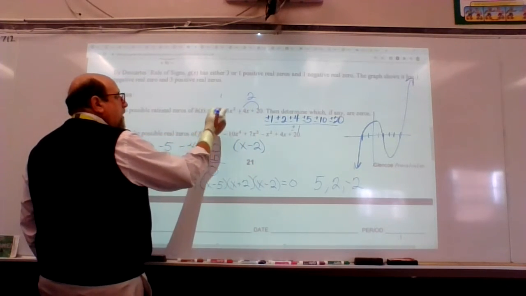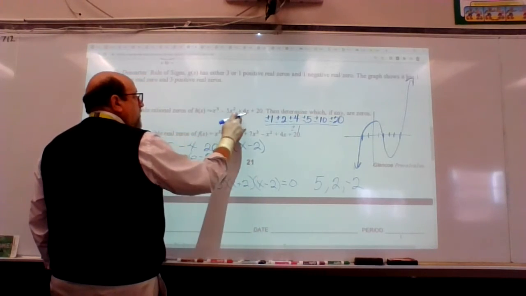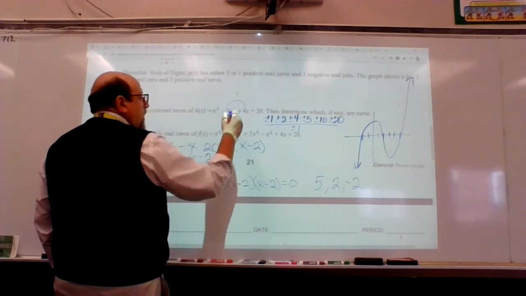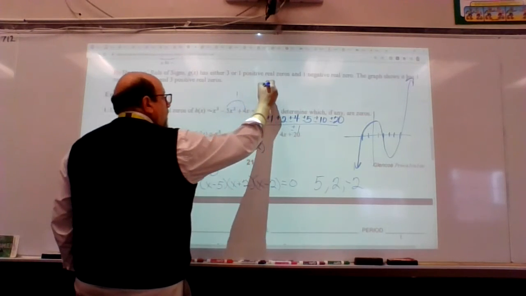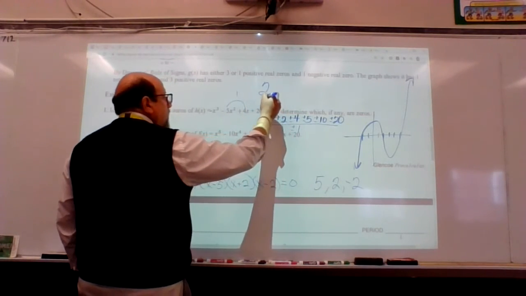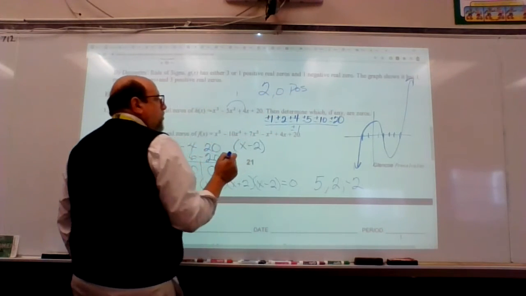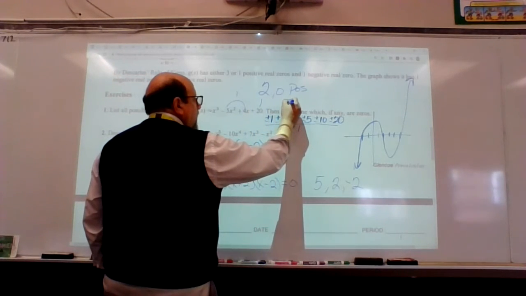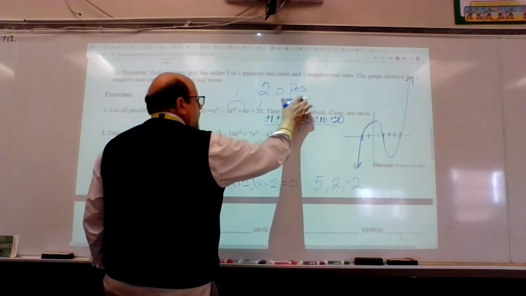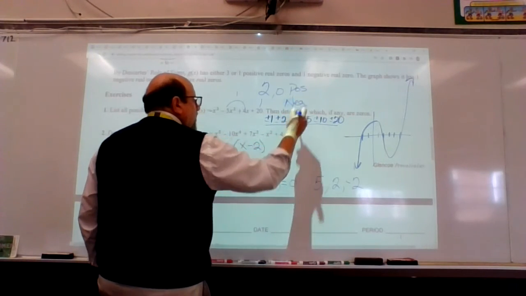And so we would look, negative to negative, no, it doesn't change. Negative to positive, there is 1, and positive to positive doesn't change. So there are 2 or 0 positive real roots using Descartes' rule, and then 1 possible negative. Let's fix that up, sorry about that. 1 negative real root.